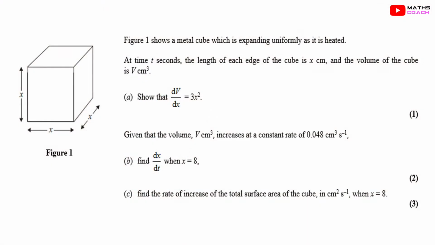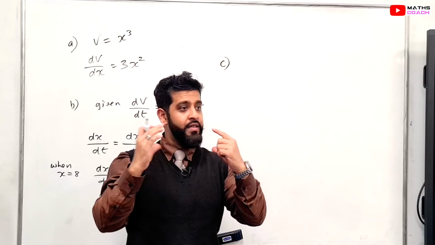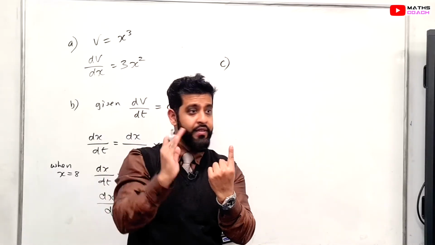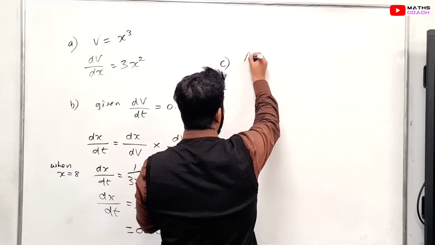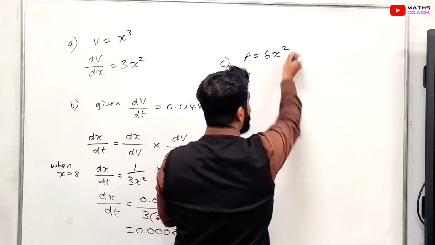Now let's look at part C of this question. Part C says find the rate of increase of the total surface area of the cube in centimeters squared per second when x is equal to 8. The surface area is simply all the faces added up. One of those faces is x times x, and we've got 6 of them, so the surface area, A, let's call it, is going to be 6x squared.